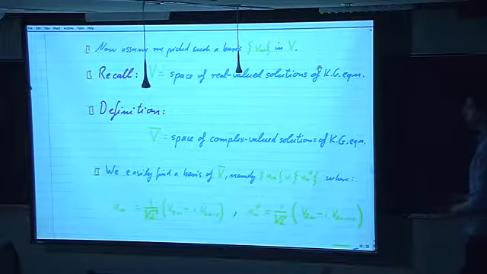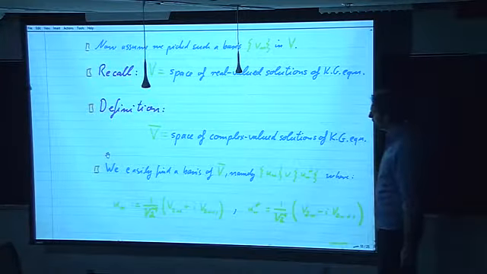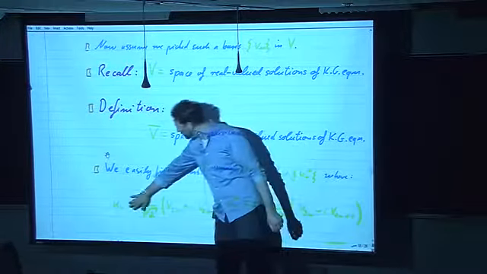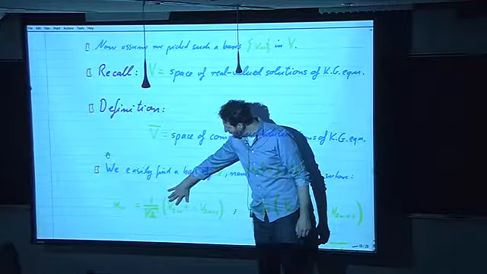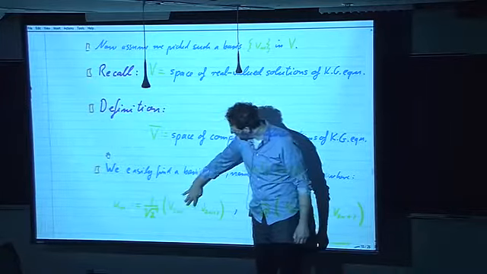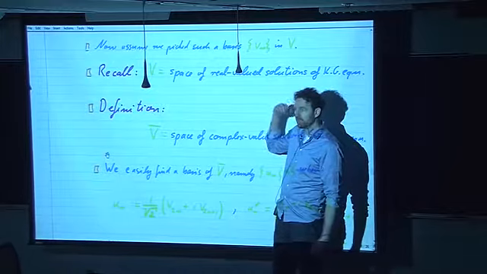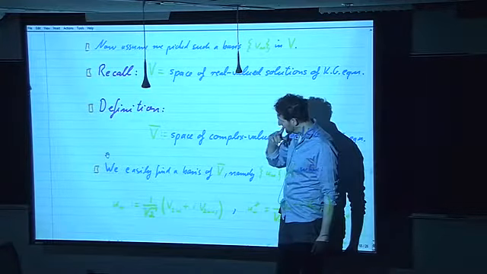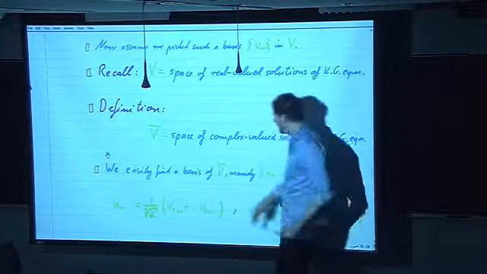Now we can easily find a basis for V bar. Namely, we can define functions un, which are linear combinations of a real-valued solution plus i times another real-valued solution, neighboring ones according to the Darboux diagonalization. So we take the V2n and the V2n plus 1.